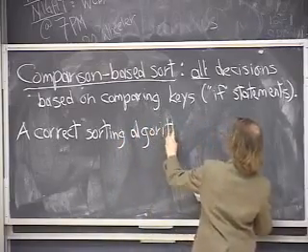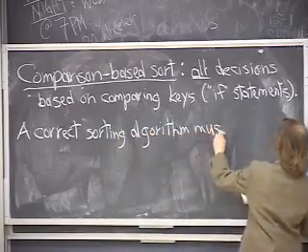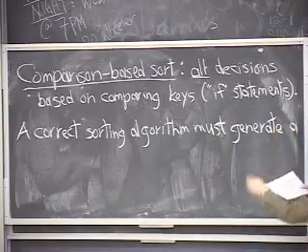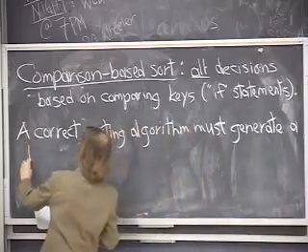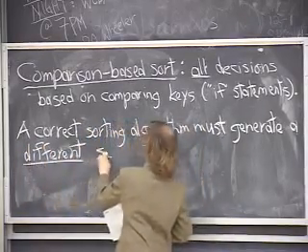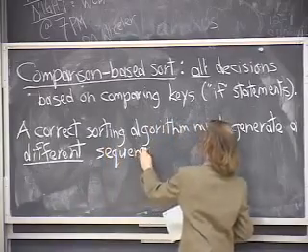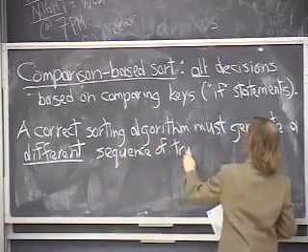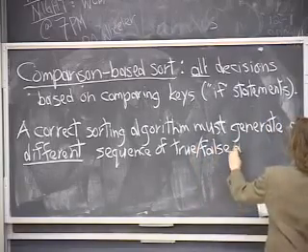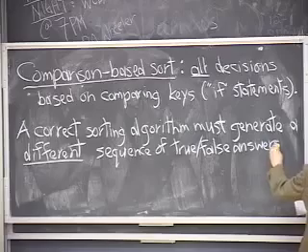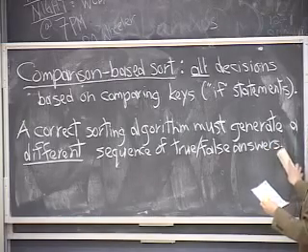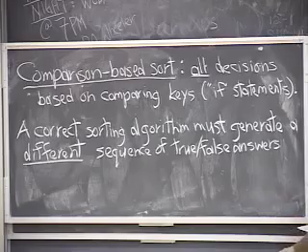A correct sorting algorithm, again, must generate a different sequence of true-false answers for each different permutation of the numbers 1 to n.